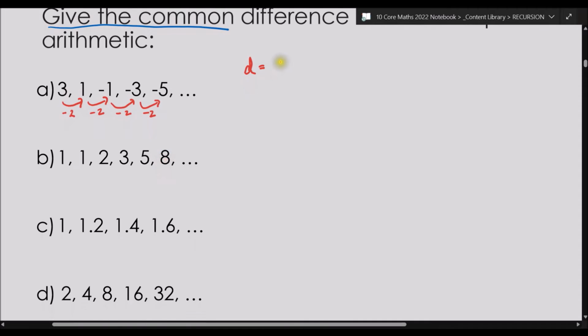But again, let's use the rule. Any term minus the previous. I can use any term here. I might use the fourth and the third term. So T4, take away T3. They haven't been labeled, but that's okay. You guys know what T4 is, the fourth number, and T3 is the one before it. So that'll be D equals -5 take away -3.